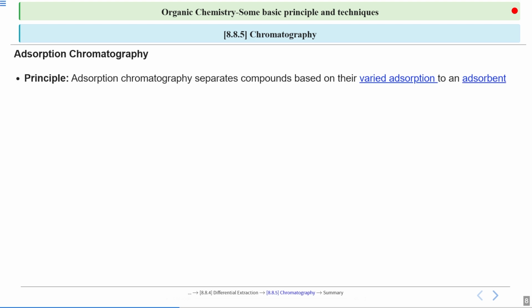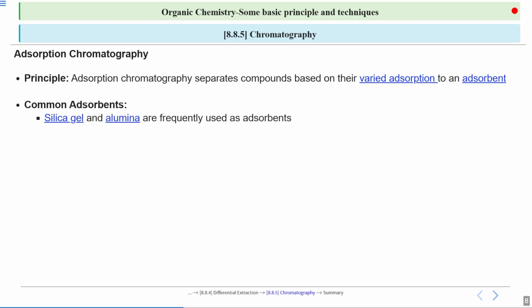So the principle behind this adsorption chromatography is that your compounds are separated based on their varied adsorption to an adsorbent. It is important because it allows us to separate a complex mixture into individual components. What are the common adsorbents that are used in this process?